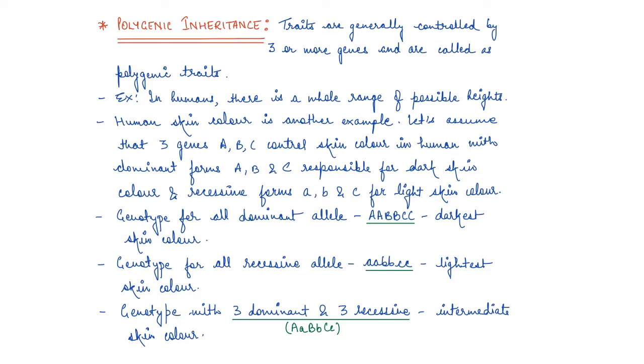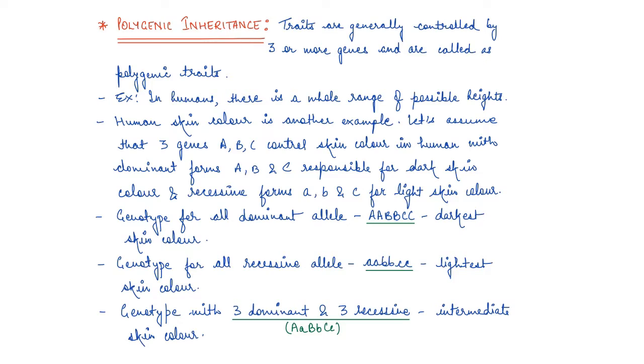If you talk about human height, there can be a whole range of possible heights, right? So such traits are generally controlled by three or more different types of genes. These are known as polygenic traits. What Mendel discussed was just two different types of genes, in the case of pea plant.